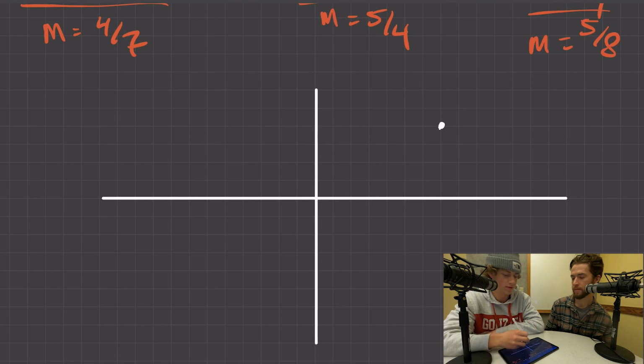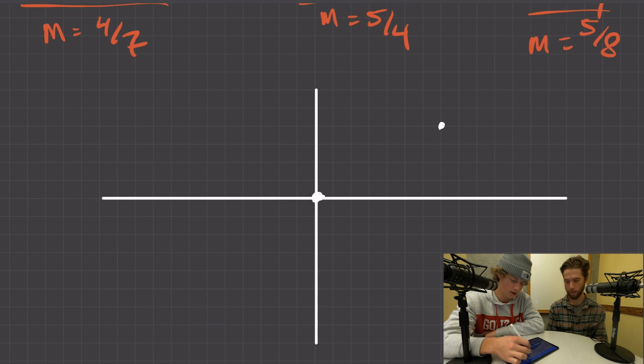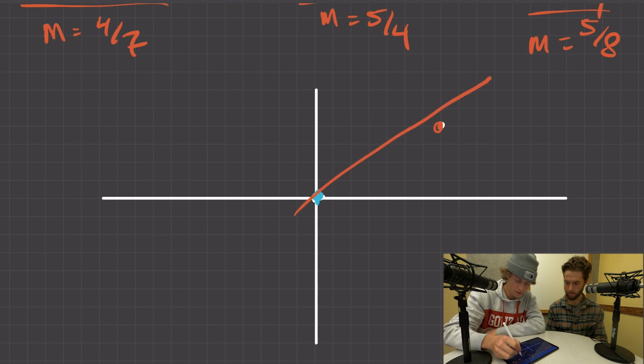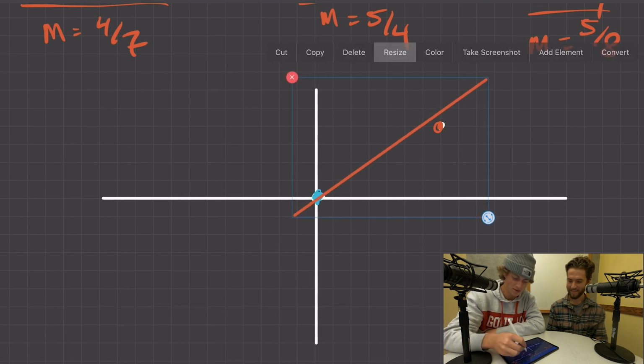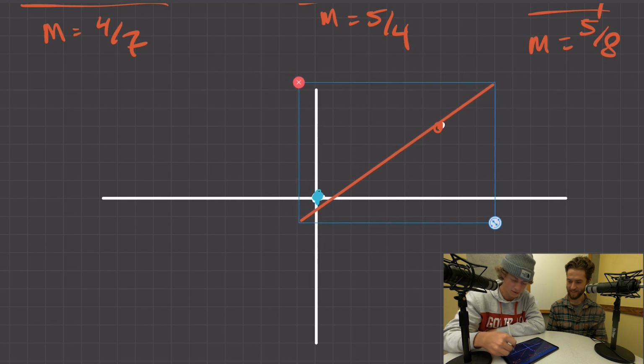Wait, I just realized we don't have a first point. Oh, it's probably coming. We'll just assume it's from 0. You can just assume that as long as you assume it for everyone. I'll just put that. All right, this will be the special one. I'll do everything else with red. Okay, so that's that one.